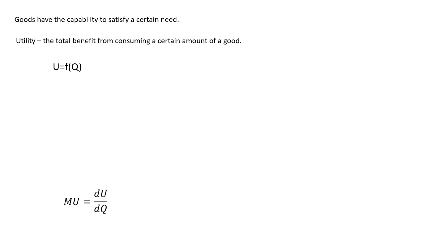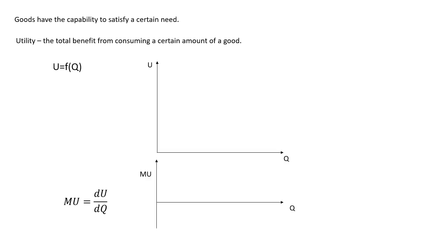Now, let us visualize utility and marginal utility as a function of the quantity consumed. We are going to assume that we have a certain good, for example, water.